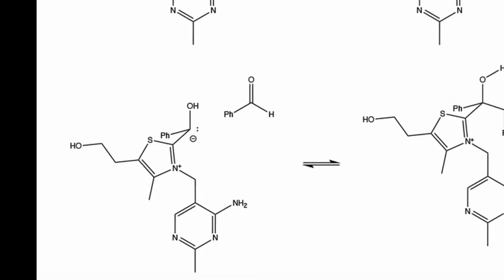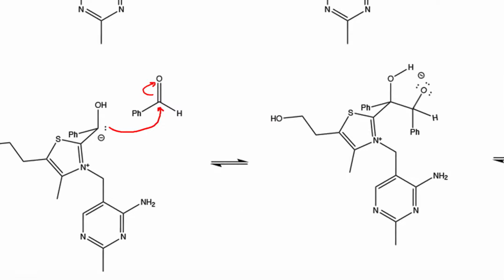The electrons here on the carbon will attack the carbonyl carbon, break the double bond, and the electrons are placed onto this oxygen. This results in the formation of another alkoxide anion intermediate. But notice here now that this carbon and this carbon have now formed a bond with one another. So now we've successfully linked the two benzaldehyde molecules.